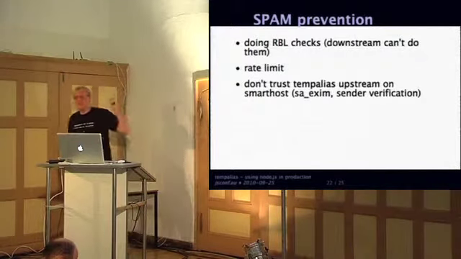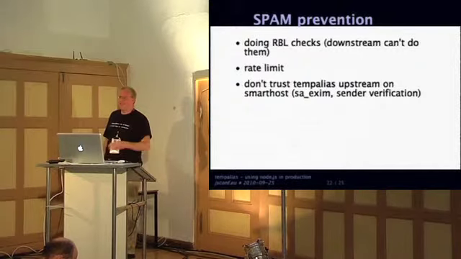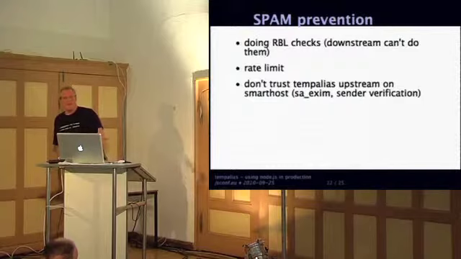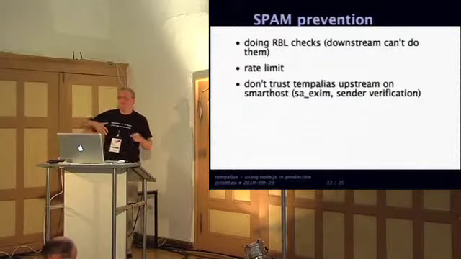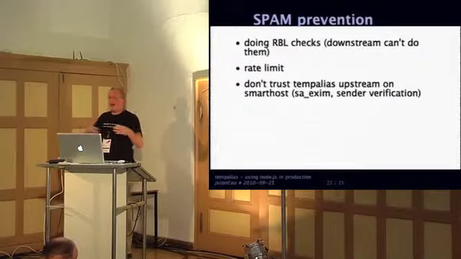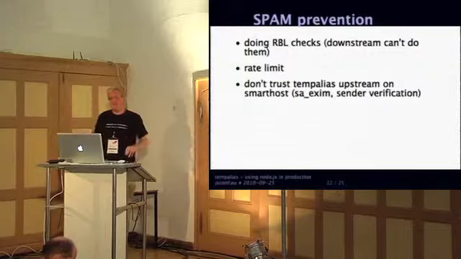Now I'm doing an RBL check whenever a connection is made. That's also really easy to do in Node. It's basically just a DNS query. I couldn't do that in the smart host I was using because that has only seen my connection basically and not the originating connection, so I had to do that myself.